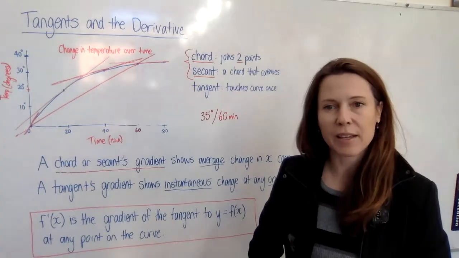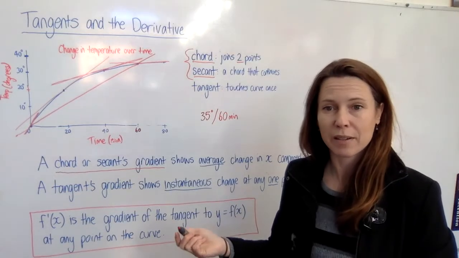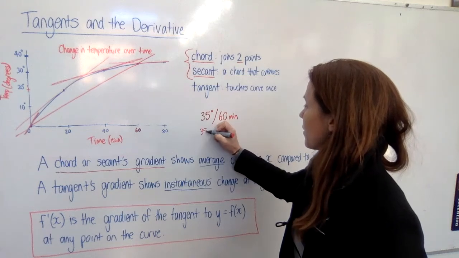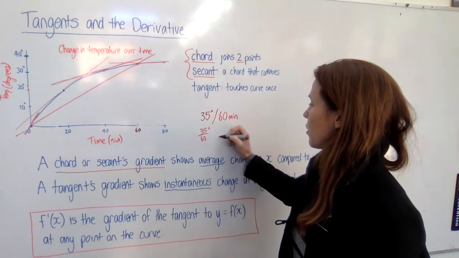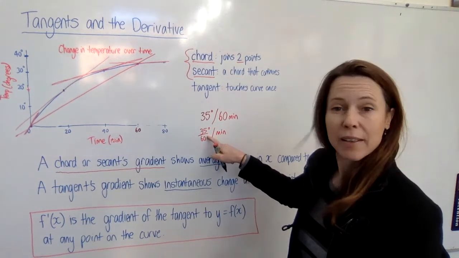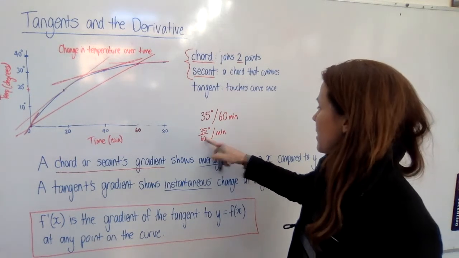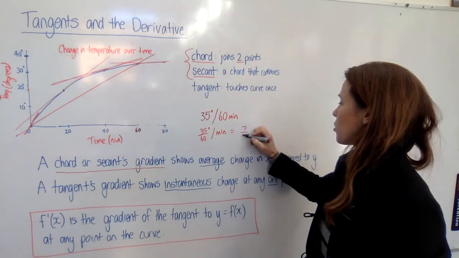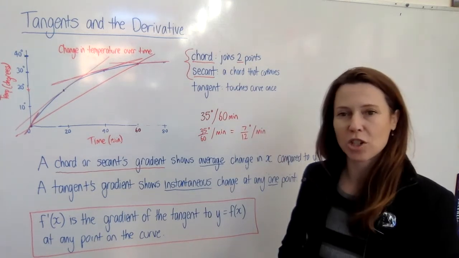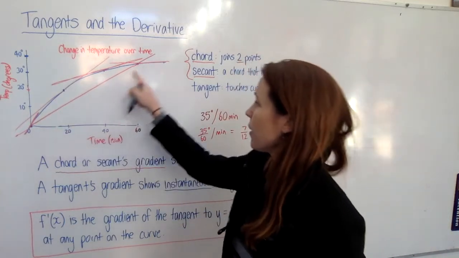And I could convert that down to how many degrees per minute we've had as a change, couldn't I? I could say it's 35/60ths of a degree per minute. And of course I can easily divide top and bottom by 5 and say it is 7/12ths of a degree per minute. That's the average change that's occurred over this time.